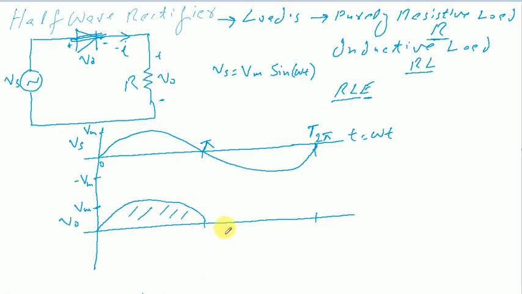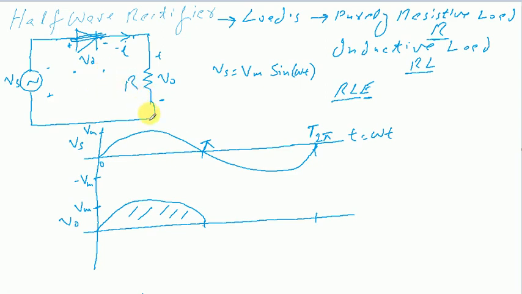While during the negative half cycle, as soon as the polarity of the applied voltage changes, we'll have an opposite polarity signal over here. Now we'll have a higher positive voltage at the cathode terminal with respect to the anode terminal. So this means that the diode becomes reverse biased and it behaves as an open switch.